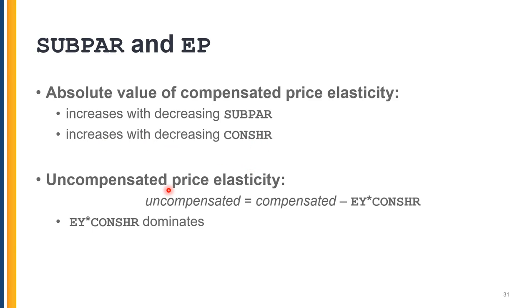Okay, so that is all in this sort of Slutsky equation view here. So taking the uncompensated price elasticity, the uncompensated is equal to the compensated price elasticity minus the income elasticity times the consumption share. So for a fixed income elasticity, you can see these two effects in play here.